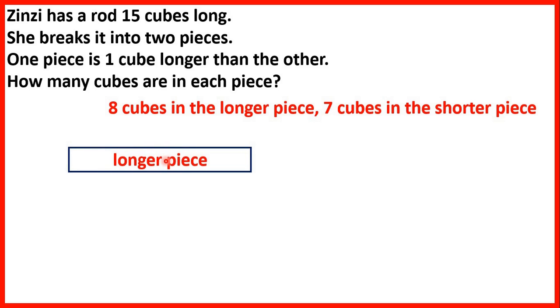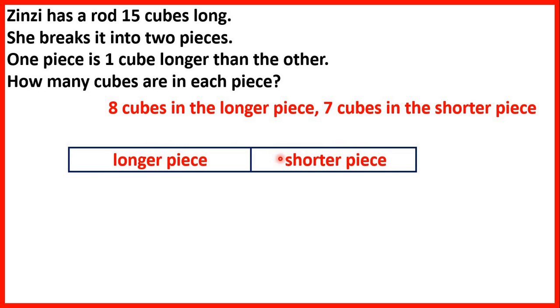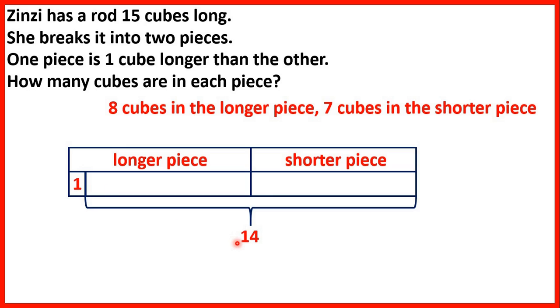So we have a longer piece and a shorter piece, and the longer piece is 1 cube longer. So we can write 1 underneath the longer piece, and then these 2 bars will be the same size. Now there are 15 altogether, so if 1 is here, that means that 14 will need to be in these 2 bars altogether.